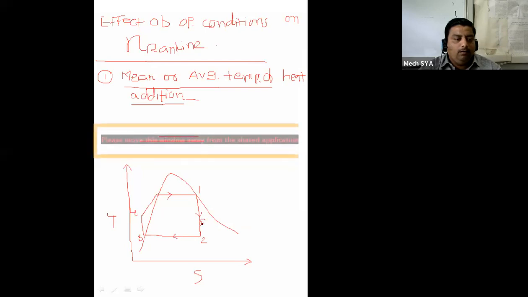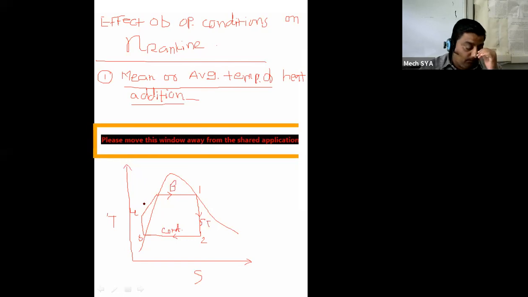It happens in steam turbine, happens in condenser, happens in boiler, and this happens in pump. Okay. And 4 to 1 is the heat addition in boiler.